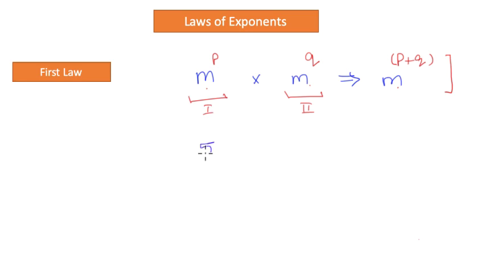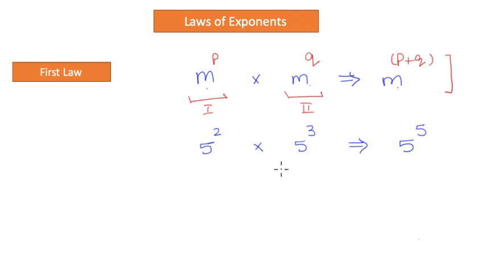Let's say my first number is 5 to the power 2 and I'm multiplying that with 5 to the power 3, correct? Using this logic, I should be able to say that the whole product is 5 to the power 2 plus 3, which is 5 to the power 5.